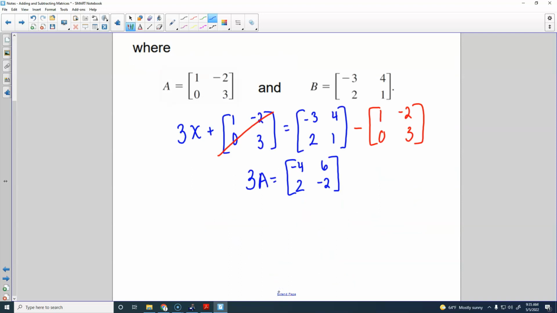And then the last thing to do for this would be to multiply everything by 1/3, which is essentially just dividing by 3. So that's going to be -4/3, 2, 2/3, and -2/3.